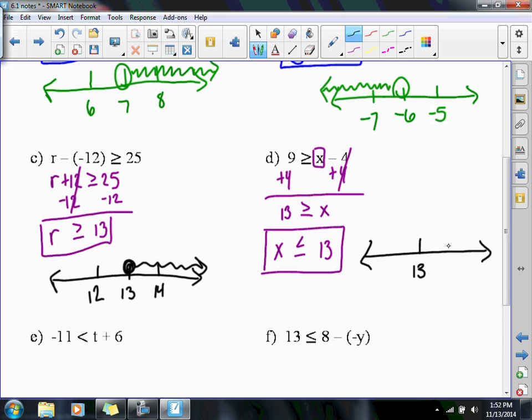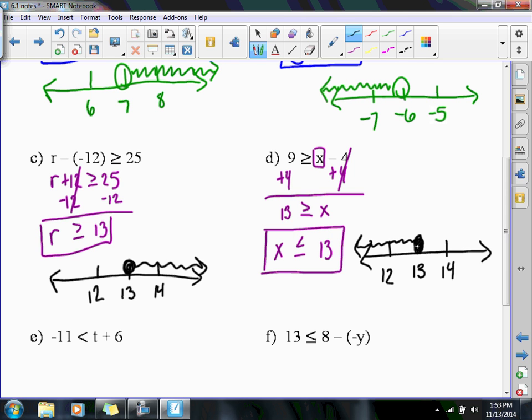So I need 13 and 14 and 12. Since it was the equal to, I'm going to make a solid circle. And now it's less than 13, so I'm going to shade everything to the left. Now the way it was written before, it was 13 is greater than or equal to x.